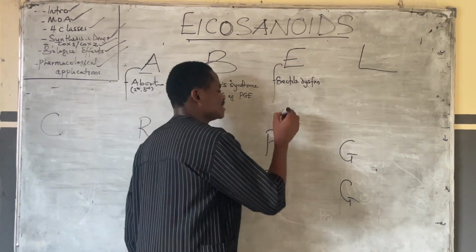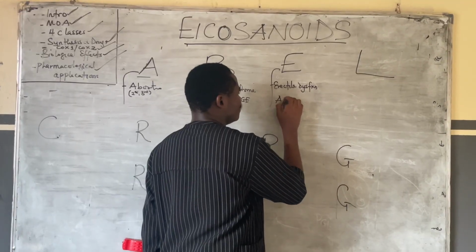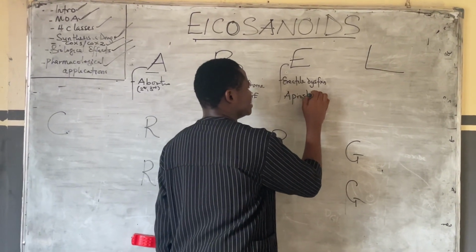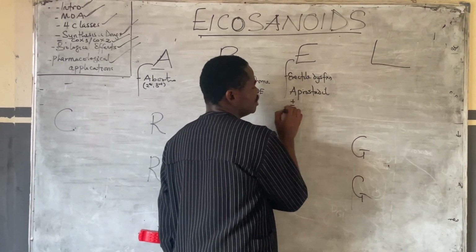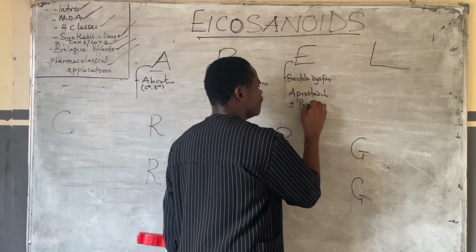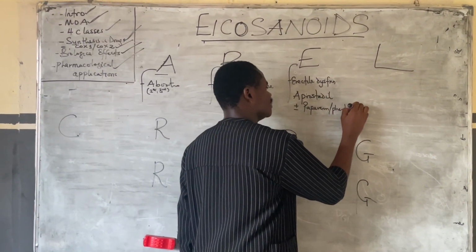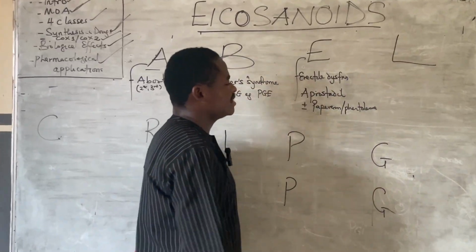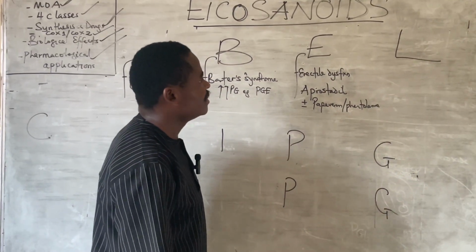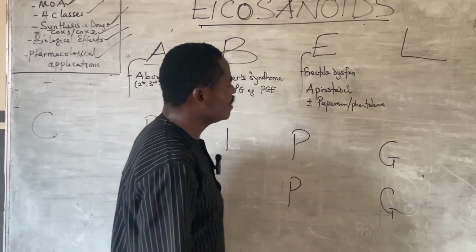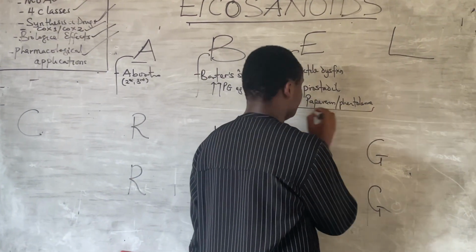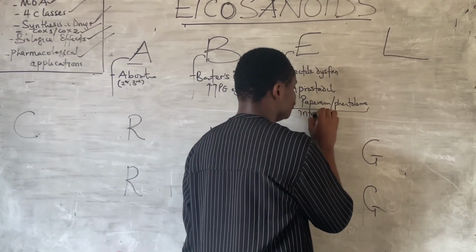Good drugs like that are drugs like alprostadil. Alprostadil has been given with or without papaverine, or some people have even given it with phentolamine. All right. So erectile dysfunction, E. Now, it is given intra-urethra.